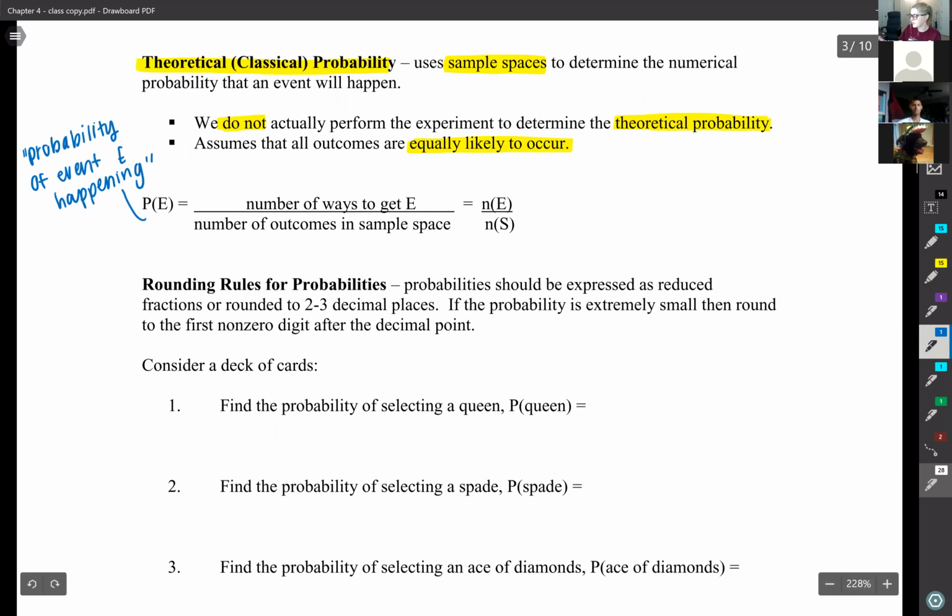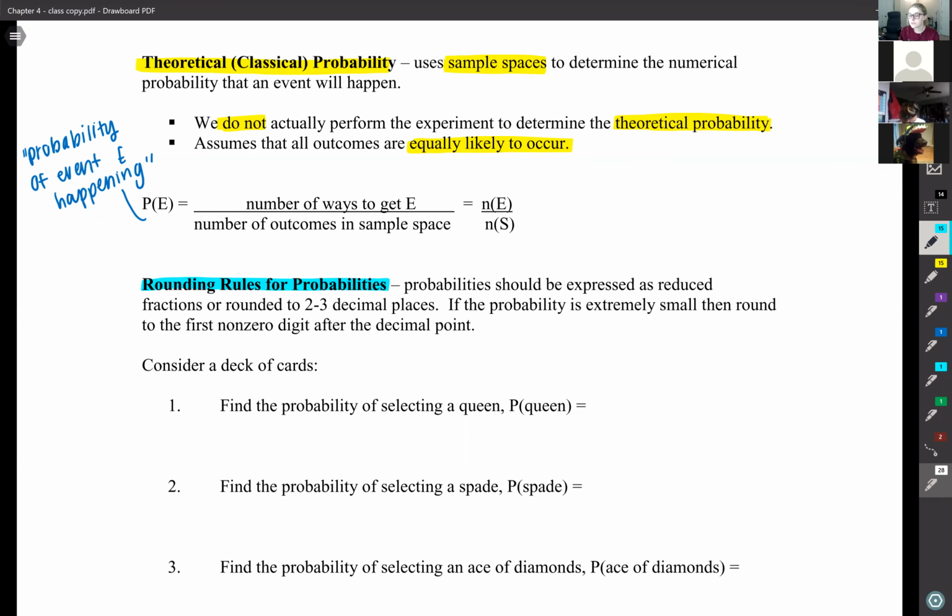But first, let's talk about some rounding rules for probabilities. Probabilities should be expressed as reduced fractions or rounded to 2 to 3 decimal places. If the probability is extremely small, then you would round to the first non-zero digit after the decimal point. I usually prefer fractions for probabilities if it's not too difficult to keep them in fraction form.